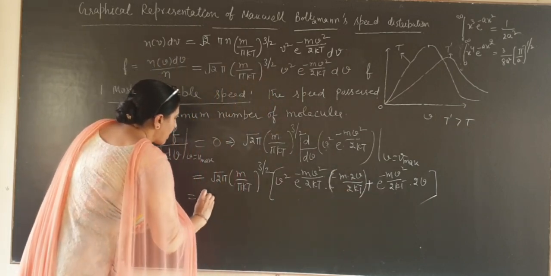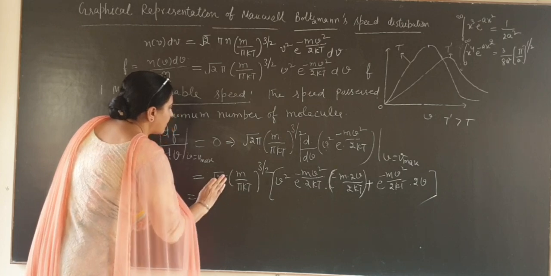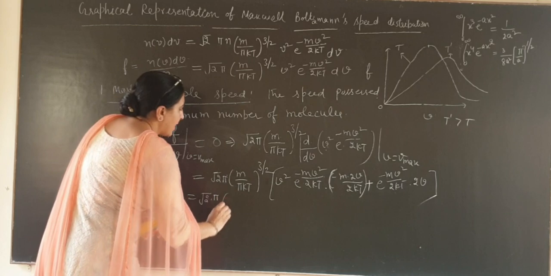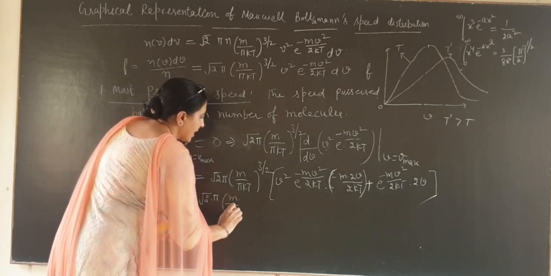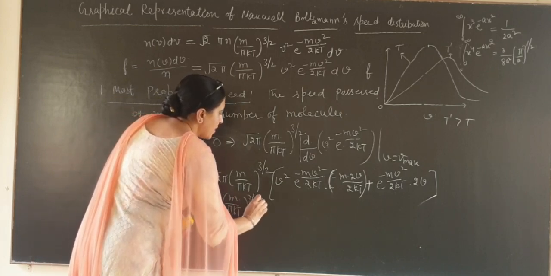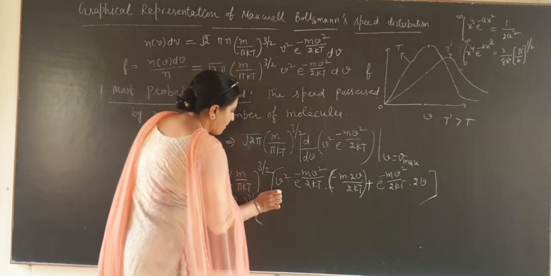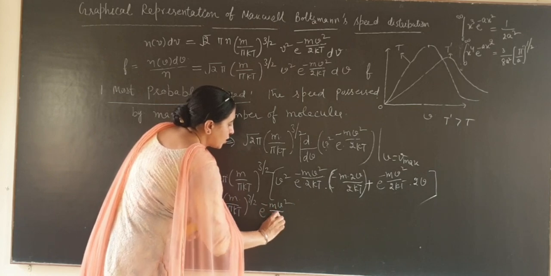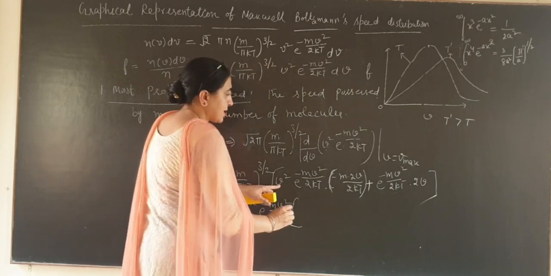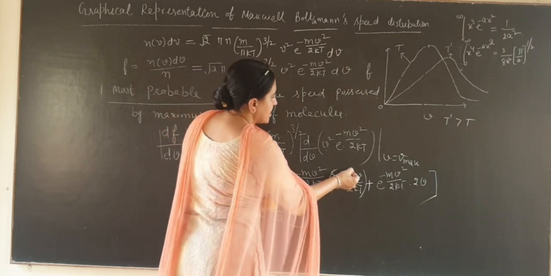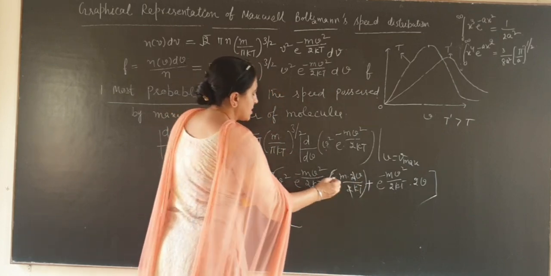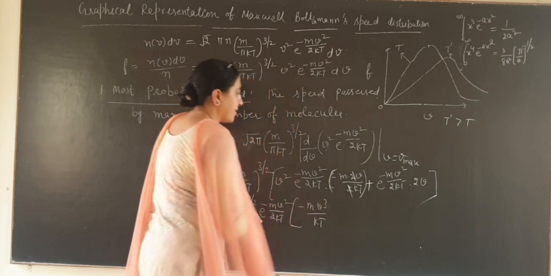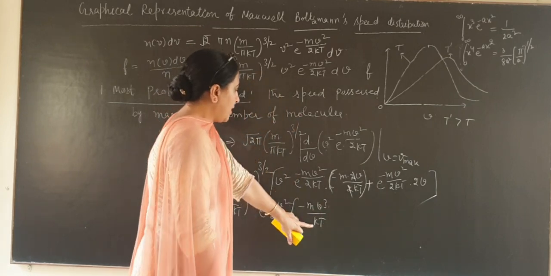So this is equal to under root 2 pi m over pi kT raised to power 3 by 2 times e raised to minus m v square upon 2 kT, which is common. Then v square into minus m v upon 2 kT. This 2 goes with 2, so this is minus m v cube upon kT.